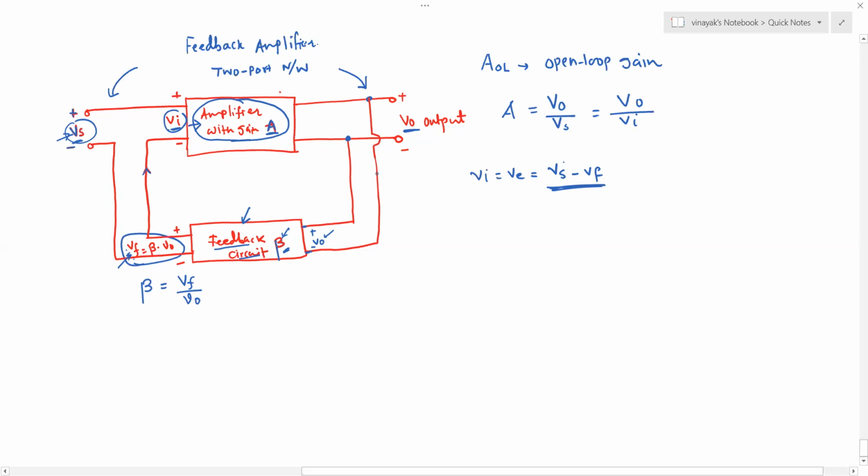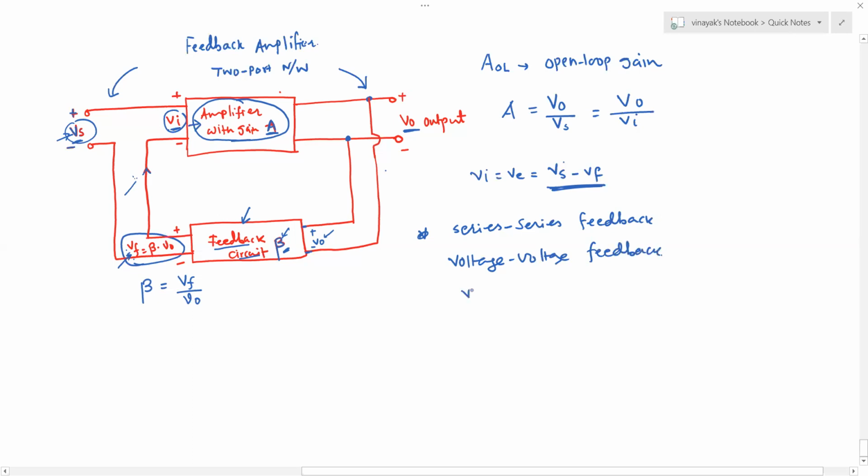So you are sensing the output voltage, and you are feeding it back to the amplifier. The quantity here also is the voltage. So this is called series feedback, or it is also called voltage feedback.